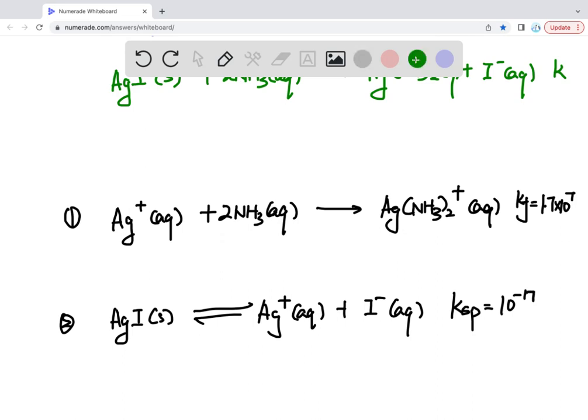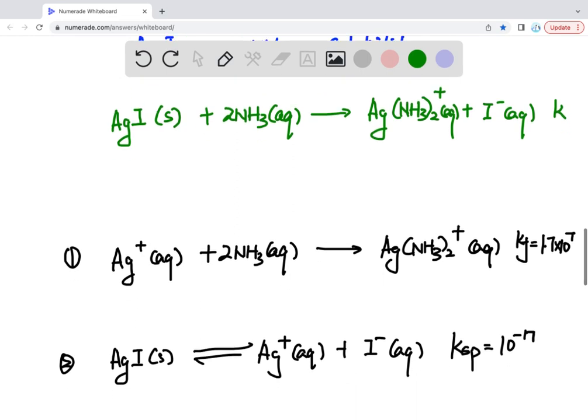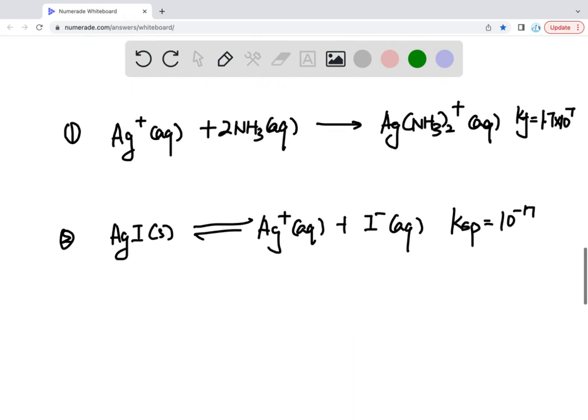By observing, you can find, if you want to generate, let's say, equation 3, this equation 3 actually equals to what? Equals to equation 1 plus equation 2.